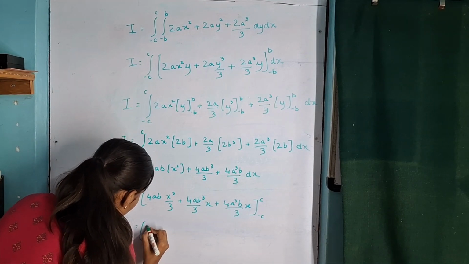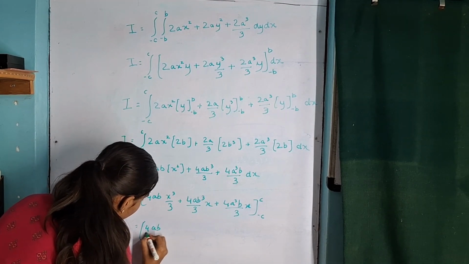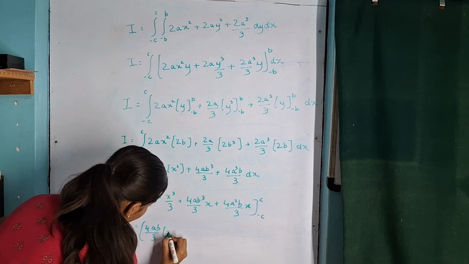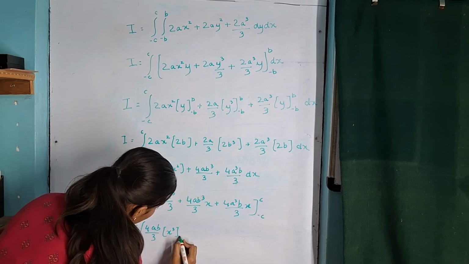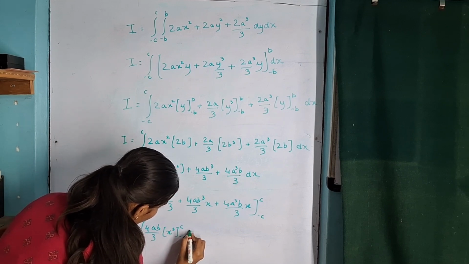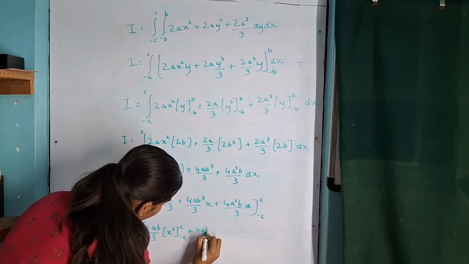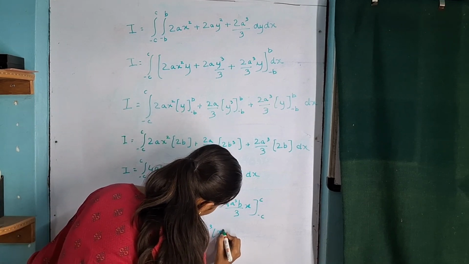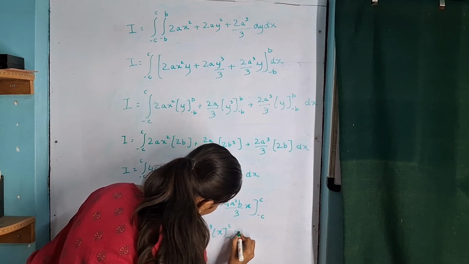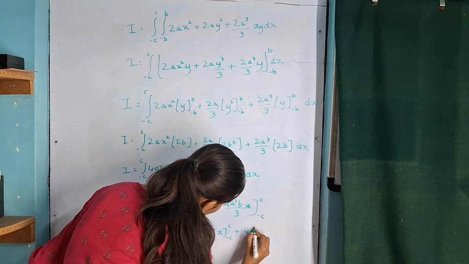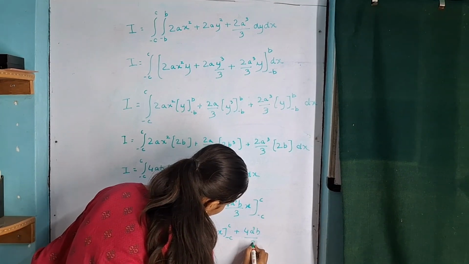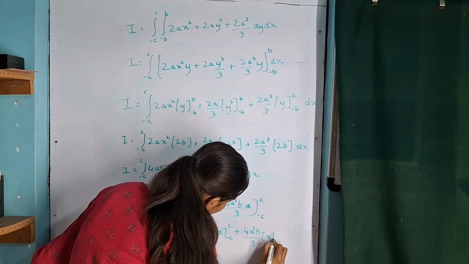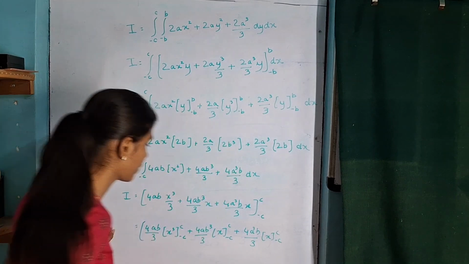After separating, 4ab by 3 x cube with limits minus c to c, plus 4ab cube by 3 x with limits minus c to c, plus 4a cube b by 3 x with limits minus c to c.